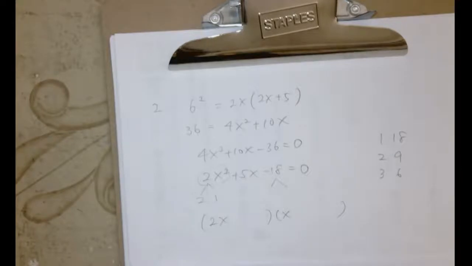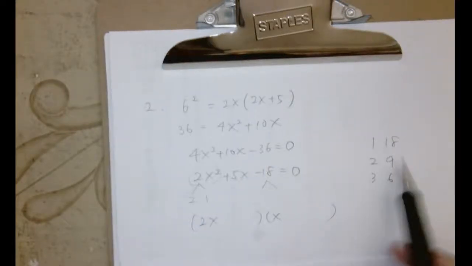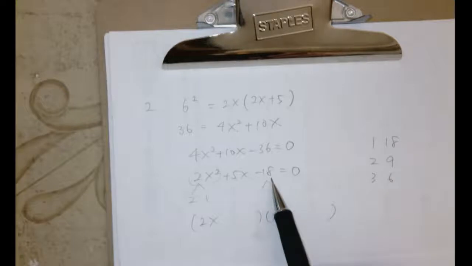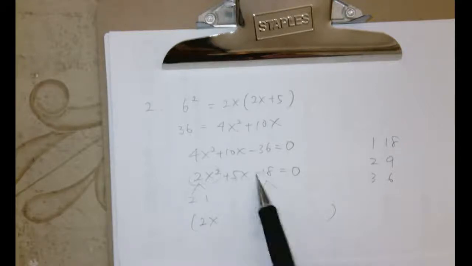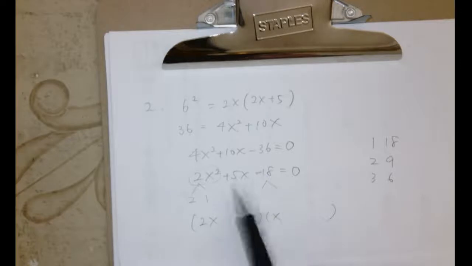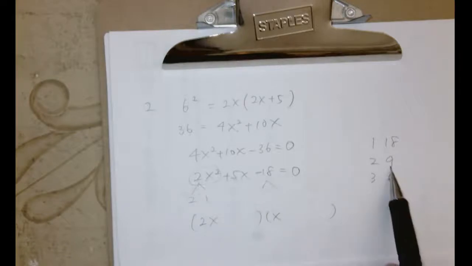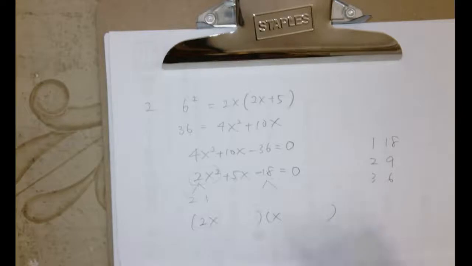These are the possible combinations that multiply to 18. So one of these numbers is going to go in here, and we want the difference to be 5. See, this is negative, so one of them is going to be positive, one is going to be negative. This is positive 5, so the bigger number is going to be positive. Okay, so well, it depends on this. So let's try this.